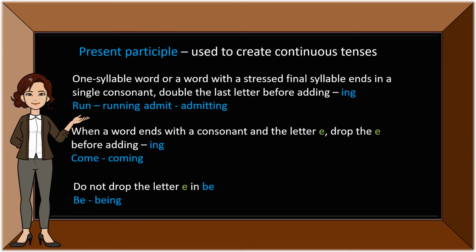Present participle is used to create continuous tenses. One syllable word or a word with a stressed final syllable that ends in a single consonant, double the last letter before adding ing. When a word ends with a consonant and a letter e, drop the e before adding ing. Do not drop the letter e in be.